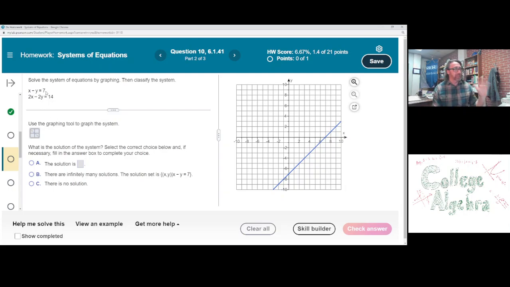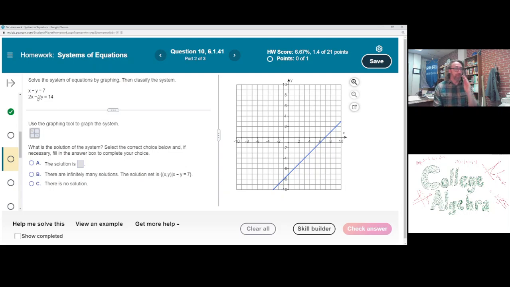Take a second and solve each of these equations for y. You solve this one, I would do the same trick, add y and subtract the 7. So y equals x minus 7. Same thing here. Add the y over, subtract the 14. So that becomes 2x minus 14 equals 2y. Divide everything by 2 to get y by itself. y equals x minus 7.